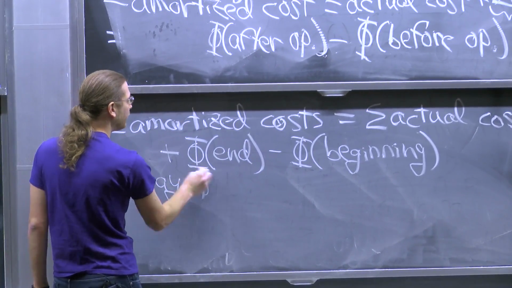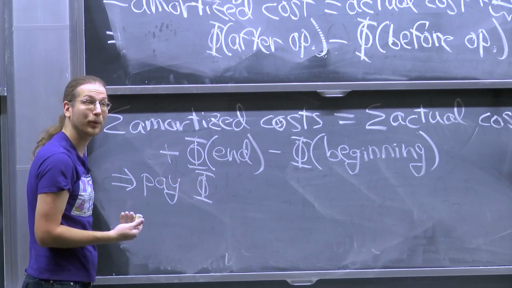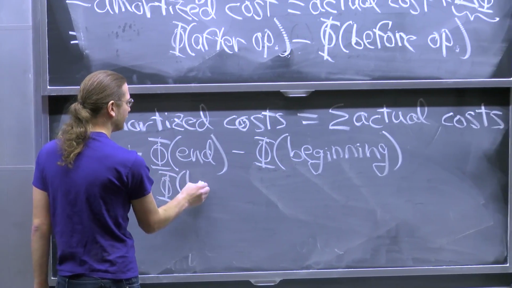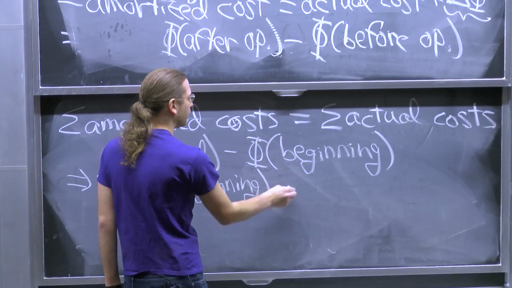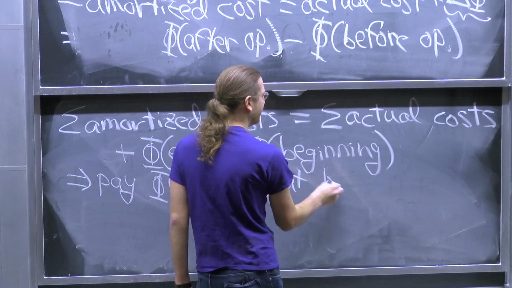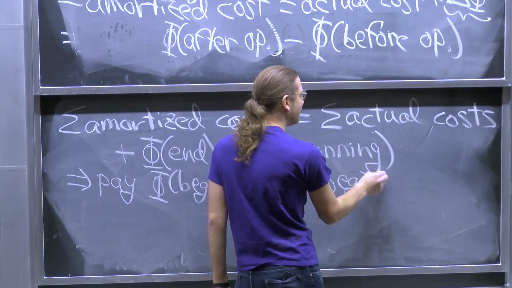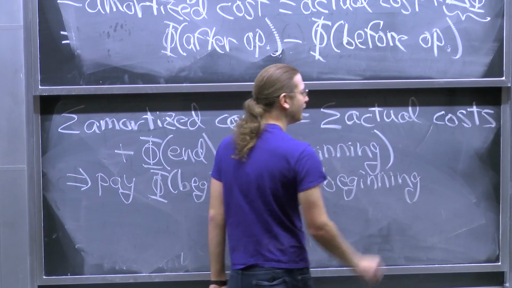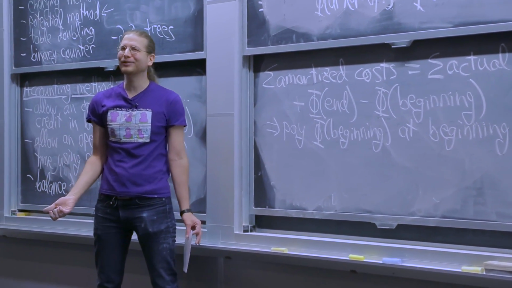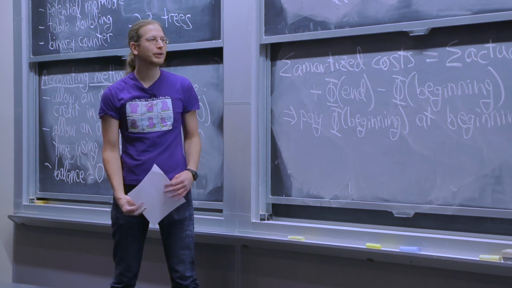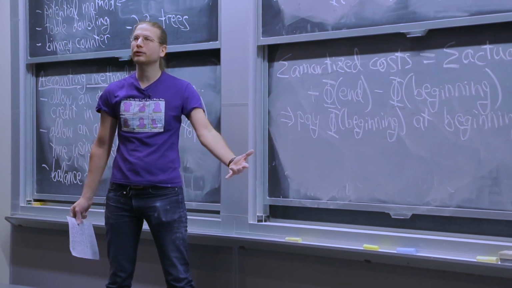So when you define a potential function, you'd really like it to be 0 at the beginning. This is funny, but you pay fee of the beginning state at the beginning of time. And when you've done 0 operations, you really would like the cost to be 0. So you don't want to have stored stuff in the bank.